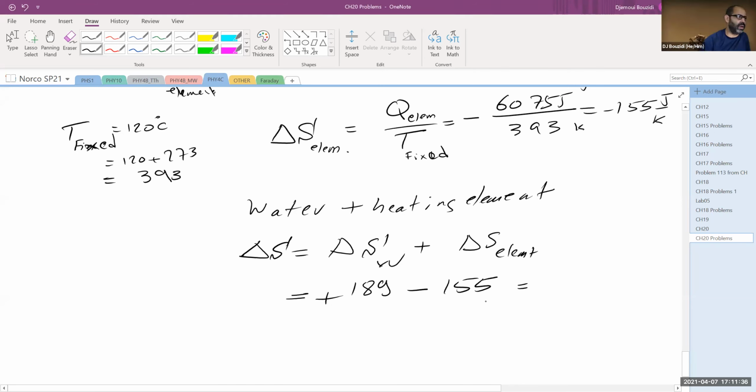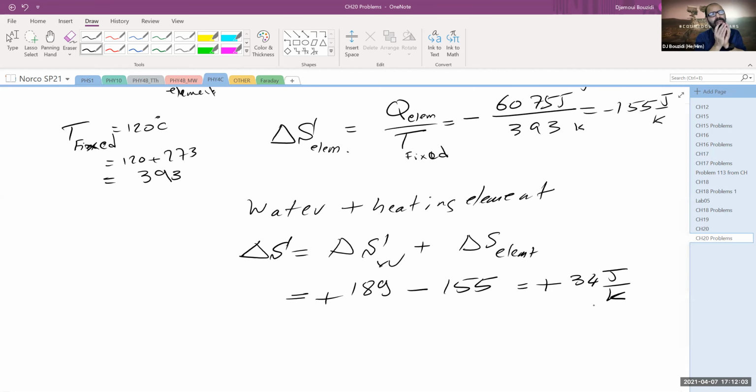I rounded that number, by the way. It's not 155, it's 154.6 to be more precise. So 189 minus 155, it's positive 34 joules per Kelvin. And this is in compliance with the second law of thermodynamics.